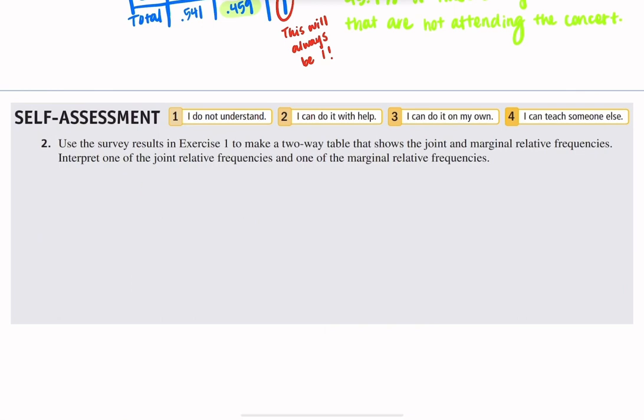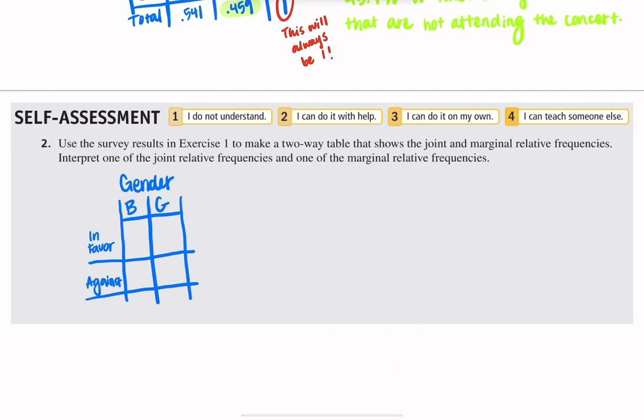So by gender, and by if they're in favor or against planting the garden.